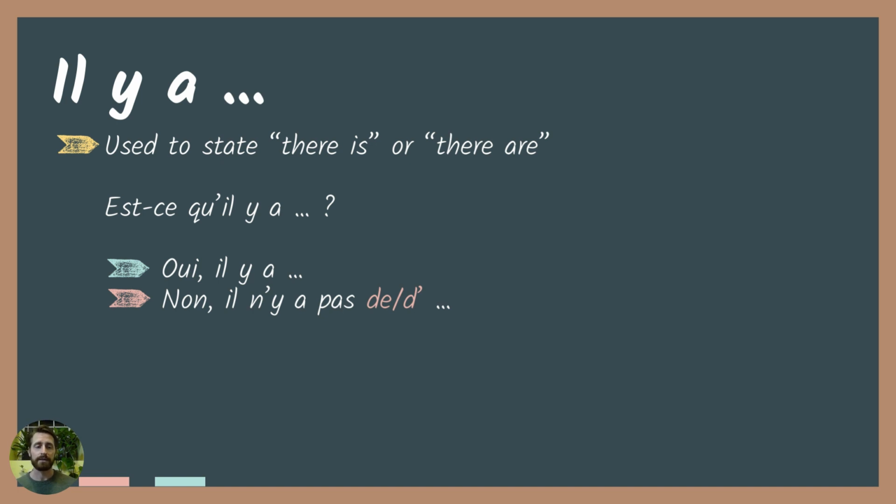So here we can identify things easily using il y a. So the question might be, est-ce qu'il y a? So are there or is there? So, for example, est-ce qu'il y a des plantes dans la fenêtre? Oui, il y a des plantes dans la fenêtre.